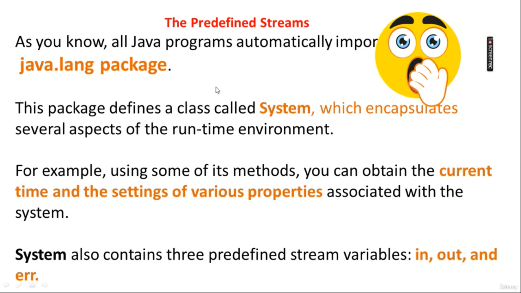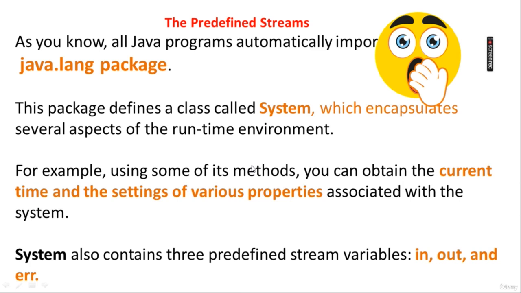Now we will see predefined streams. Java programs automatically import the java.lang package. Okay, so all this is written inside java.lang, and it automatically imports that package. This package defines a class called System, which encapsulates several aspects of the runtime environment.